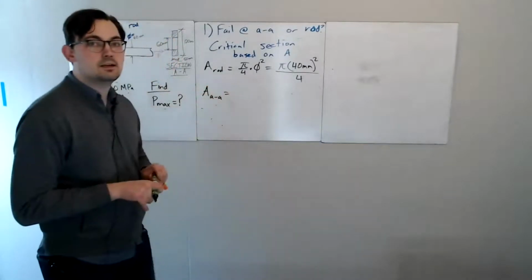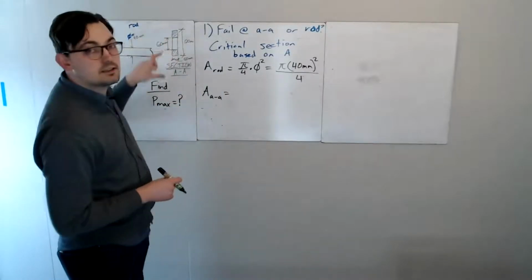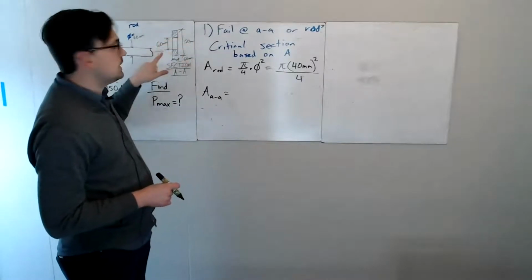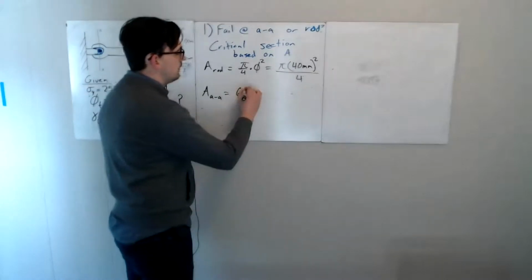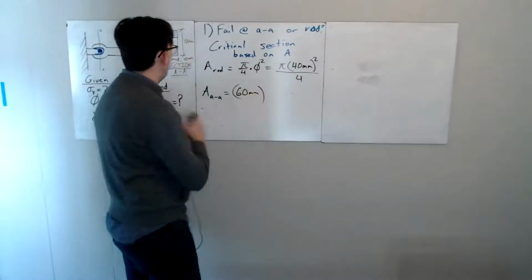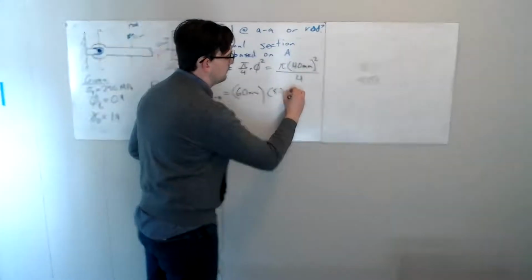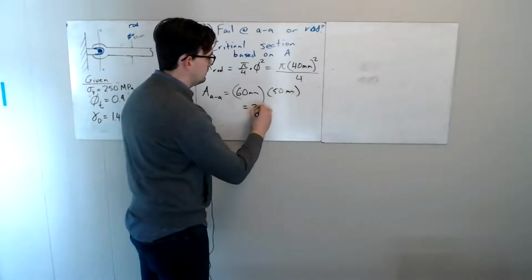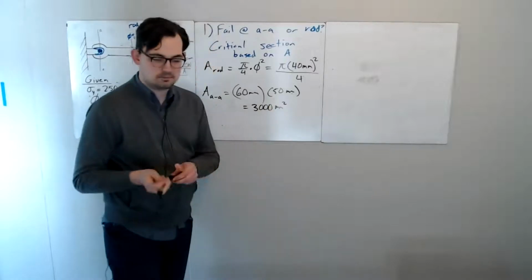I could do a bunch of work and take this out, but my effective height, if this total height is 120 and I'm taking out a 60 millimeter hole, is 60 millimeters, and my width, this whole thing, is 50 millimeters. So my total area is 3,000 square millimeters for that one.